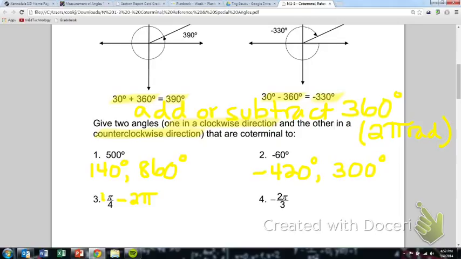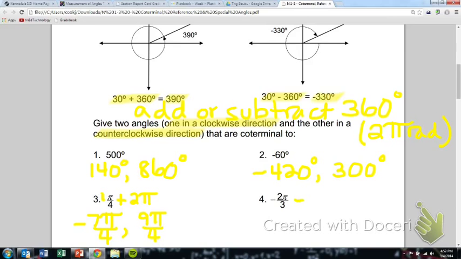And you should get negative 7/4. So this would be negative 7 pi over 4. That would be your clockwise rotation coterminal angle. And same thing, if you added 2 pi, you could get one in a counterclockwise direction. So 1/4 plus 2, that's 9/4, so 9 pi over 4.